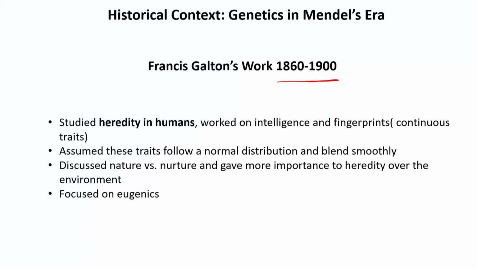Francis Galton was also trying to understand heredity, and Galton and of course Darwin knew each other and were discussing, in the same time frame. But Francis Galton was trying to understand heredity using human traits, right? He was considering intelligence and fingerprints to understand how these traits are transferred from one generation to another, right?